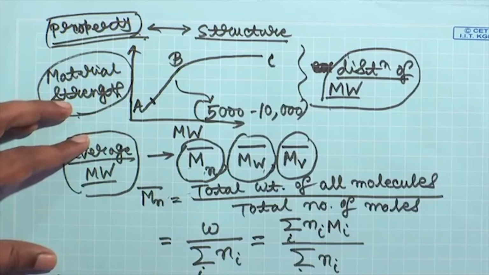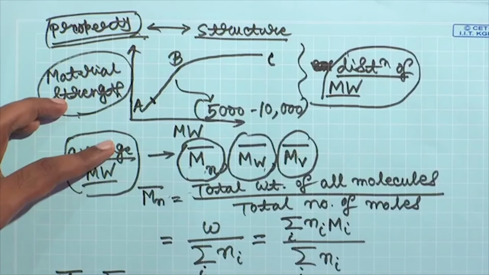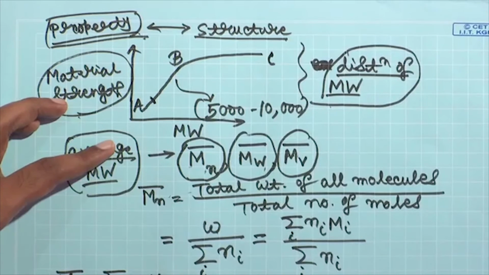Now, if you are looking at the expression of Mw, the weight average molecular weight, it is the sum of Wi Mi. Do not confuse this Wi with the earlier one. This is the weight fraction of molecules having molecular mass Mi.